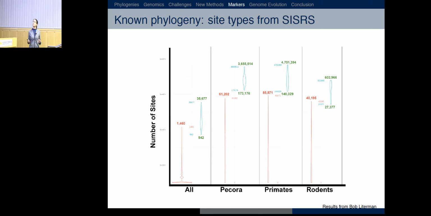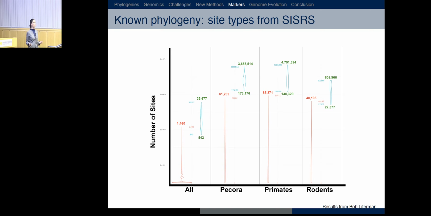So what this is showing, if you just focus on these higher up blue parts of the violin plot, is how much support there is in the SISRS data for relationships that we know to be correct. So each grouping of organisms is supported by a whole bunch of sites in our data. So that's good. So we feel like SISRS is producing data that allows us to estimate the phylogeny.